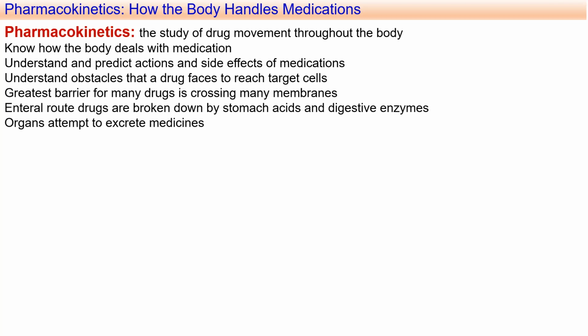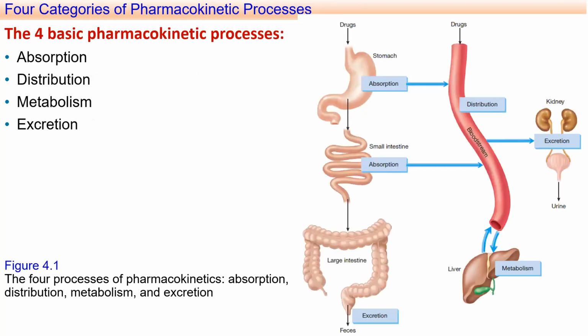Phagocytes may also attempt to remove medicines as being seen as foreign bodies. So the four processes included within pharmacokinetics are absorption, distribution, metabolism, and excretion. These are the four processes of pharmacokinetics.